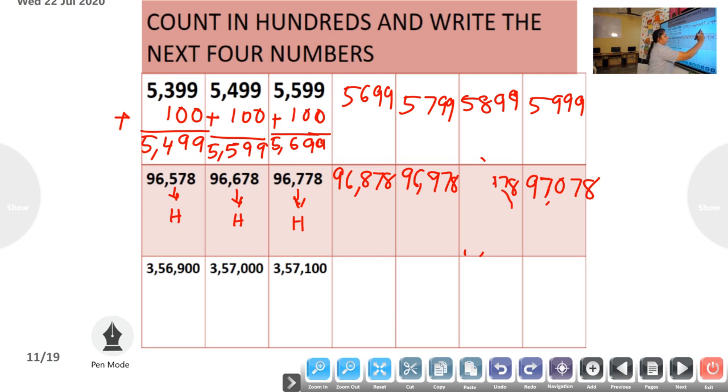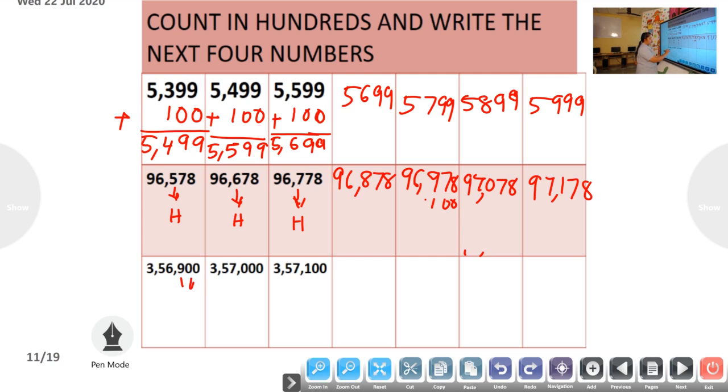Then here, now again you are adding 100, which means you have a carry over here, then you are writing 97,078 here. Again you have to add 100 there, then the hundreds place changes to 1. Clear? Then do the next.